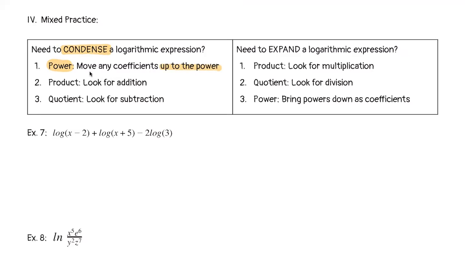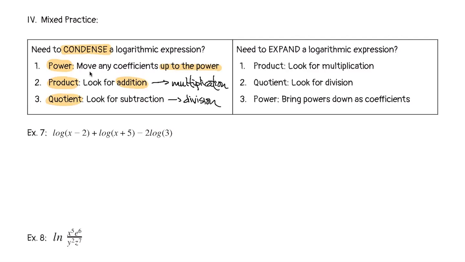After I've done that, then I like to look for product. If there's any addition, I can turn it into multiplication. And then I look for any quotient, any subtraction, and I turn that into division. Okay.